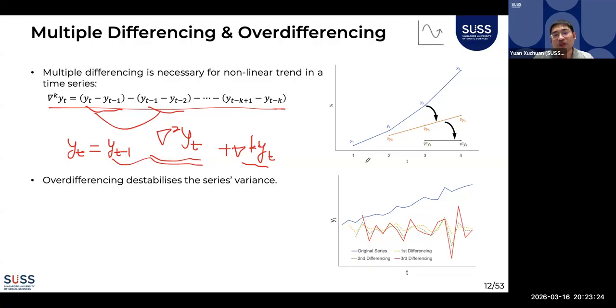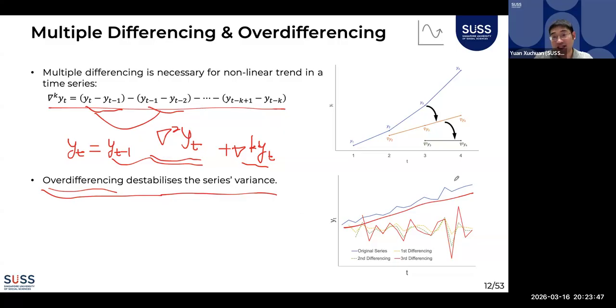But if you use higher order differences, you may have the so-called over-differencing issue. You may actually add more variability to the time series, right? For example, here is the original time series, with a clear linear trend.